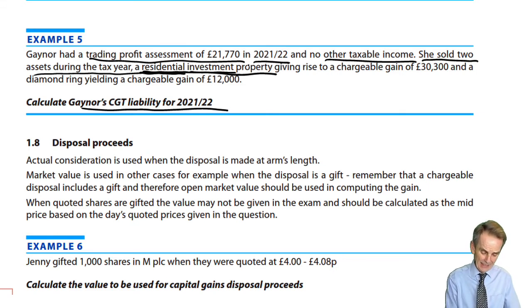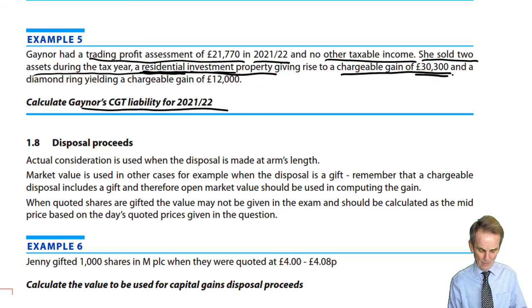So by them putting in here investment property, it means it's not your private residence, and on that basis there's no relief available to effectively exempt that gain on that property. So it is going to be a chargeable gain that needs to be computed. It will be taxed. Being residential property, going to be the higher rates, of course, that are applicable. And we've got there a chargeable gain of £30,300.